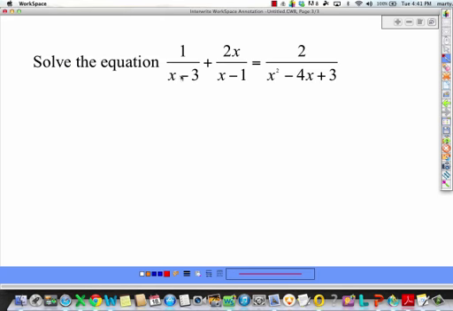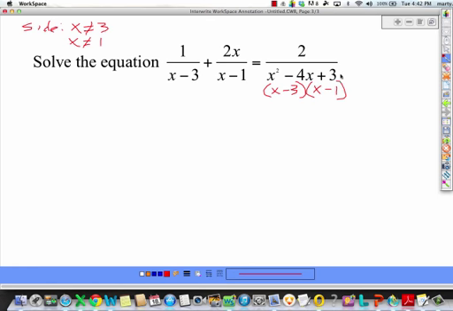The first thing we need to do is recognize this is x minus 3. Therefore, I go off to the side and make note, x cannot be 3. I see x minus 1 in the denominator. Add that to the list. And we have this mess, which we should immediately factor. Now, most of the time with these problems, at least one of them is going to be over here.